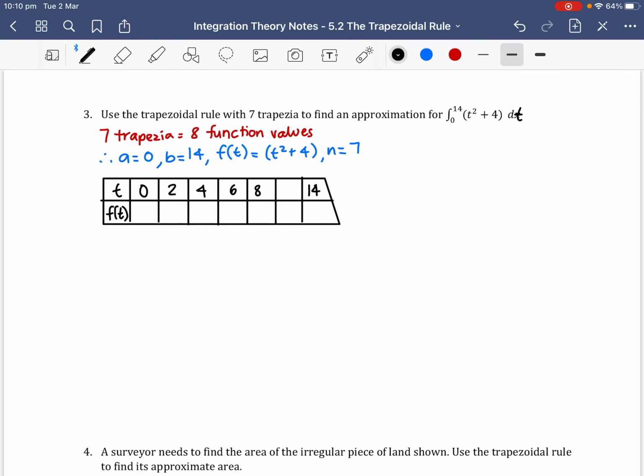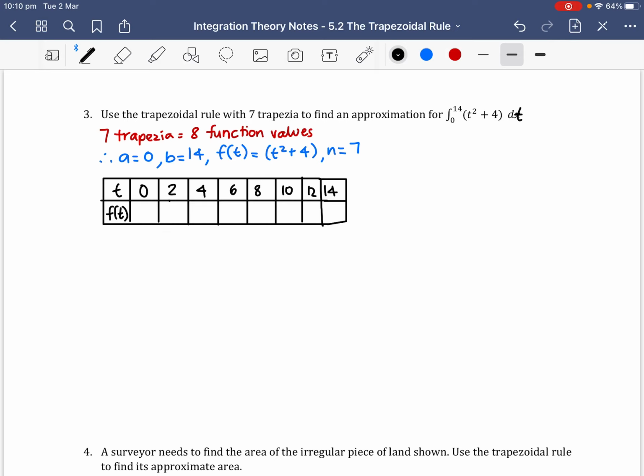Whoops, that doesn't work. 1, 2, 3, 4, 5, 6, 7. Oh, because we need another one. That is why. So it's really important that we make sure that we draw enough columns. So 6, 8, 10, 12, 14.